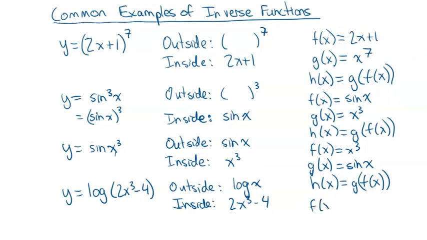So that means that if f of x was 2x cubed minus 4, and g of x was log of x, then h of x would be the same as y here, which would be g of f of x. In other words, I would take the 2x cubed minus 4, put it in here for f of x, and then log of, I'd replace the x with 2x cubed minus 4.